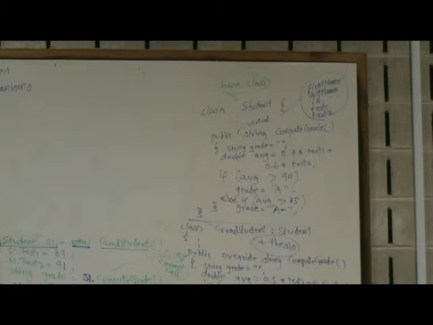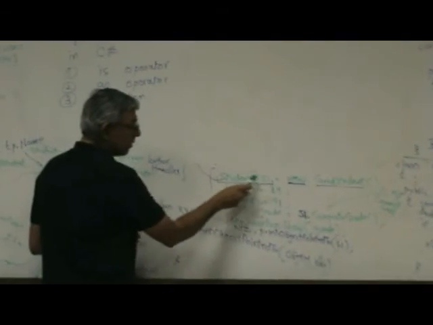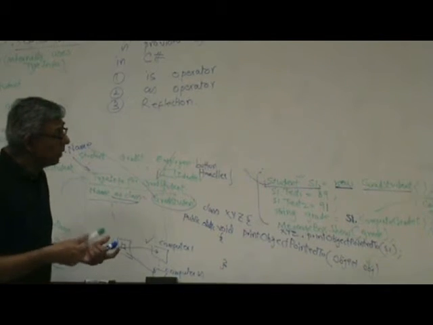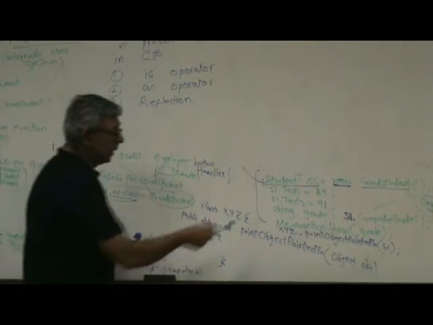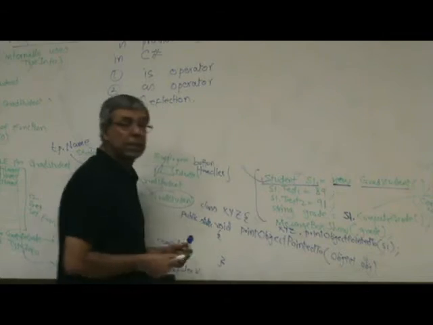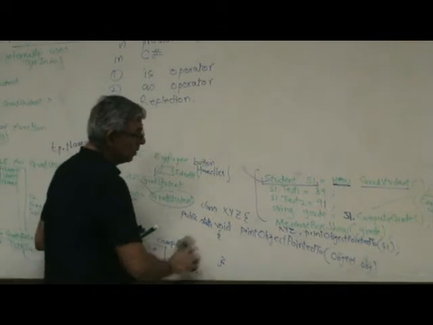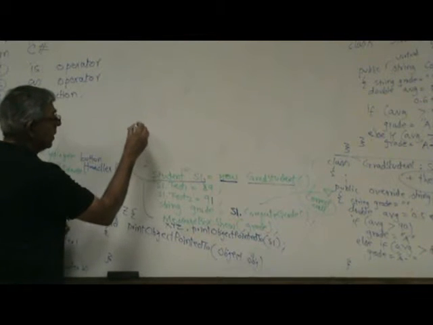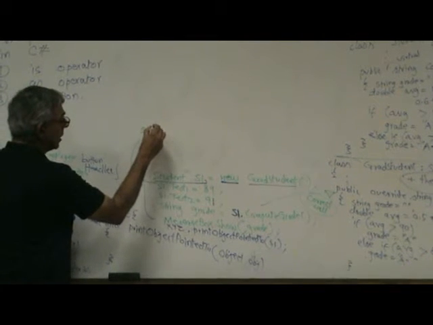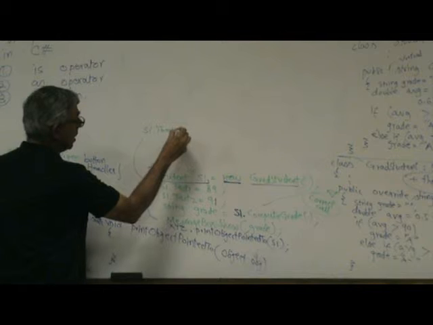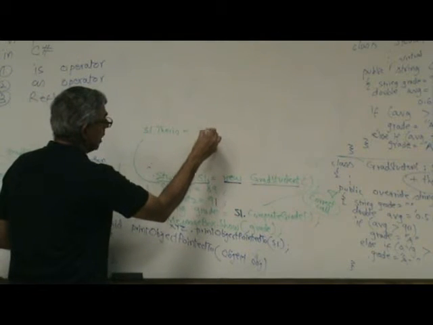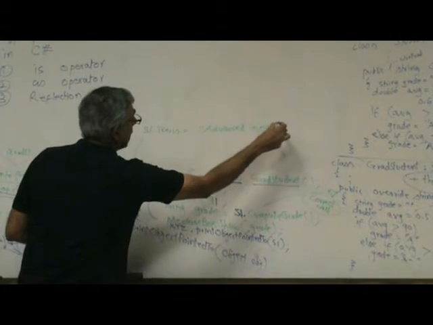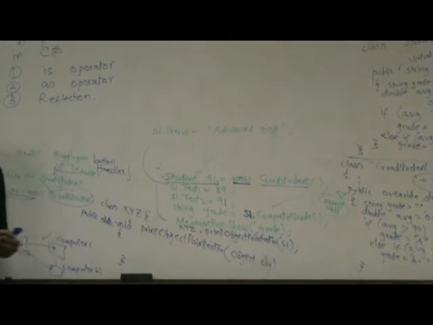So now let's go over here. Suppose we created this code, s1 equal to new GradStudent, right? And before we do anything, we wanted to set the thesis. So suppose after this line, somewhere over here, you try to do s1.thesis equal to Advanced OOP. Let's pretend this is what you wanted to set.